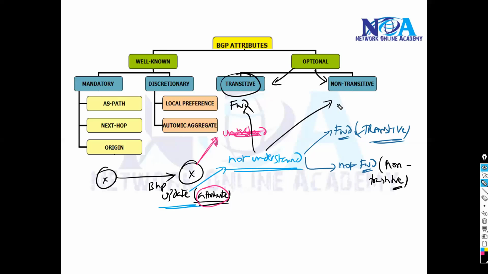Whereas non-transitive attributes will not be forwarded; the router discards that information before it forwards the routing update to the neighbor.